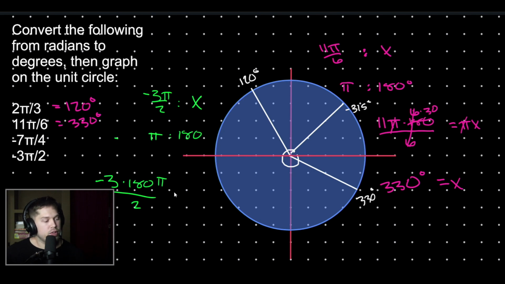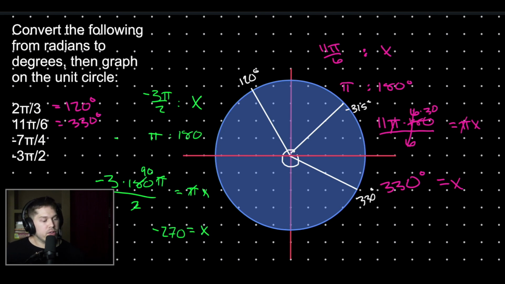And this is, of course, equal to pi times x. Again, we can simplify. 180 and 2 cancel out to leave you with 90. And the pi's cancel on both sides. And then you're left with negative 270 degrees is equal to x.